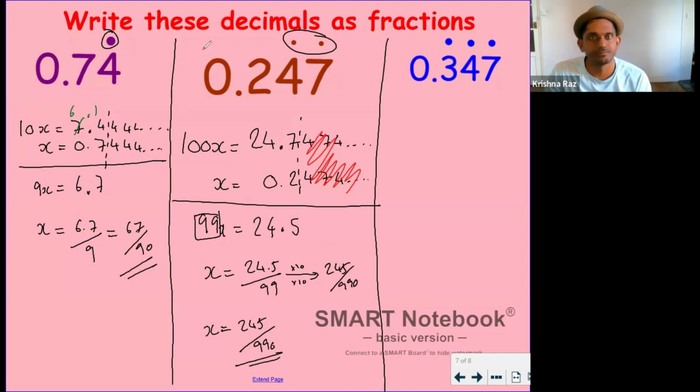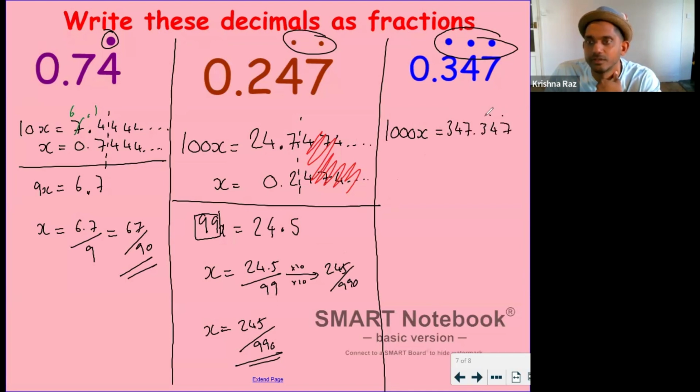The last one, how many dots do we see? 3. So how many times do we times by 10? You got it. 3 times. And 10 times 10 times 10 is 1,000. So 1,000x is 347.347 recurring. x is 0.347 recurring.